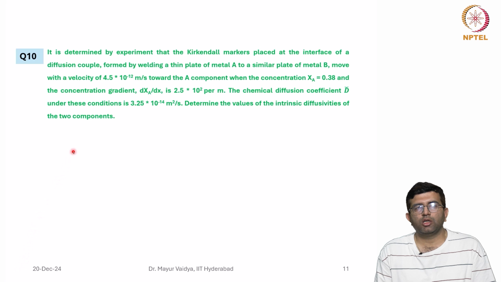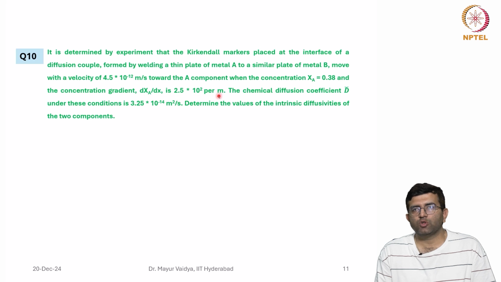Now coming to the last question of the tutorial. It is determined by experiment that Kirkendall markers placed at the interface of a diffusion couple formed by welding a thin plate of metal A to a similar plate of metal B move with a velocity of 4.5 times 10 power minus 12 meter per second towards the A component, when the concentration XA is equal to 0.38 and the concentration gradient dXA by dx is 2.5 times 10 power 2 per meter.